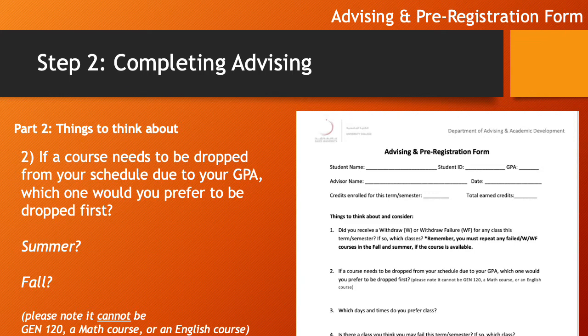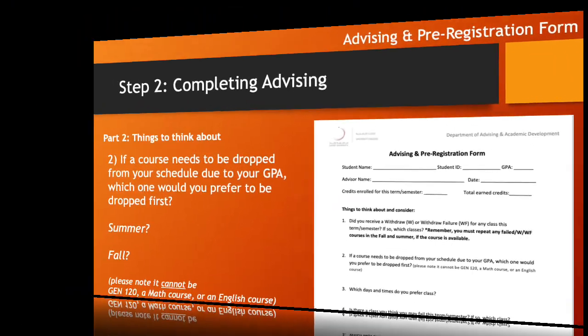It is important here to list for summer and fall semesters, as we may be dropping courses in either one of them. Please note you cannot drop Gen 120 Life Skills, a math class, or an English class. If you do not indicate any preferences here, your advisor will make a decision for you based on the appearance of your schedule.